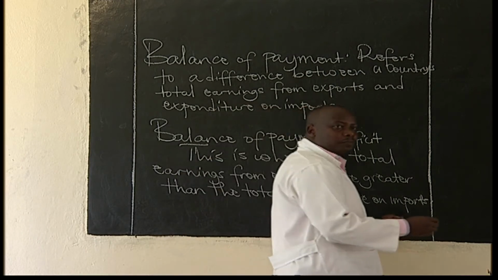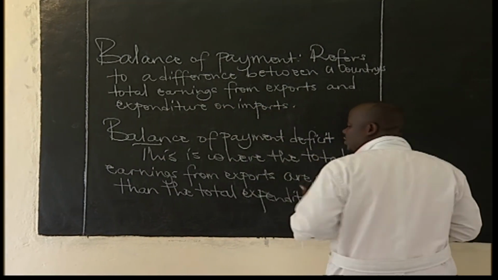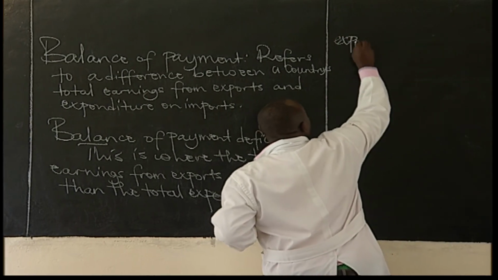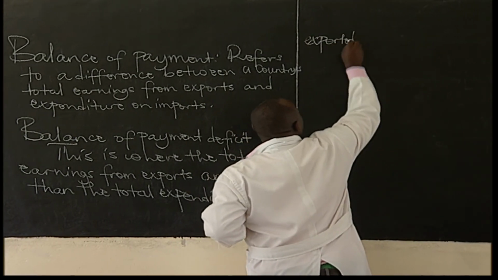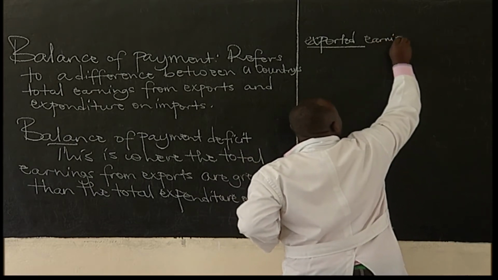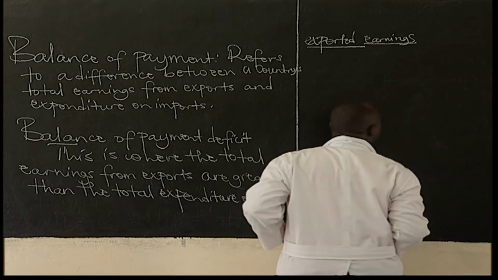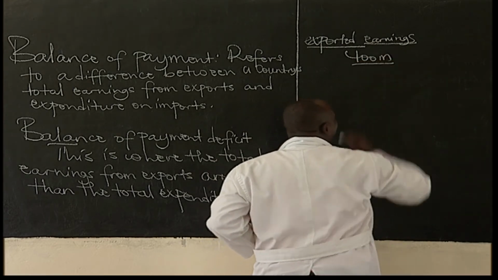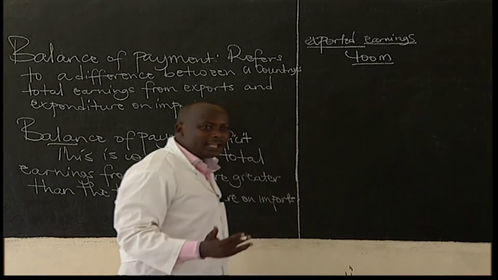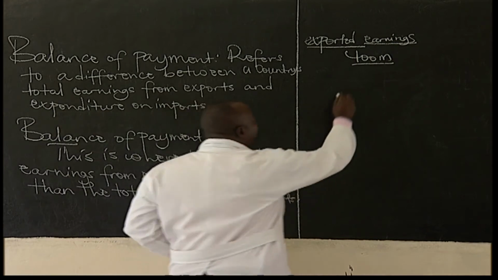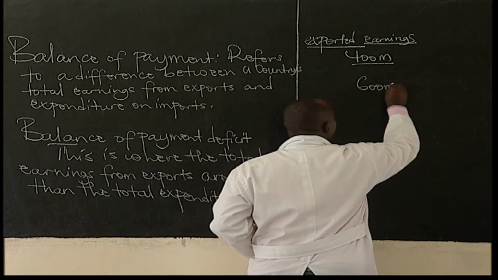An example: if a country sells its products to other countries, it has exported. The earnings that it generated after selling its products were 400 million. At the same time, the country bought goods from other countries and spent 600 million.